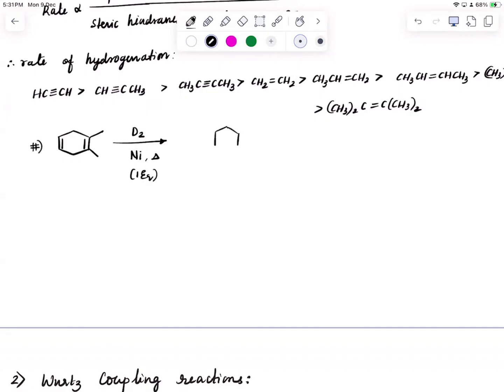In that case, you will be adding on to the one which is less substituted. Because less substitution is the more important criteria. You will not see the stability of the double bond first. You will notice the stability of the double bond only when the crowding is very, very similar. If the crowding is similar, then only we'll notice. Otherwise, the priority should always be given to crowding. Correct? Clear?